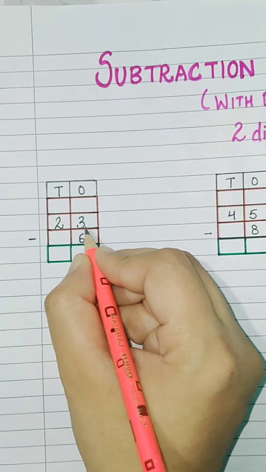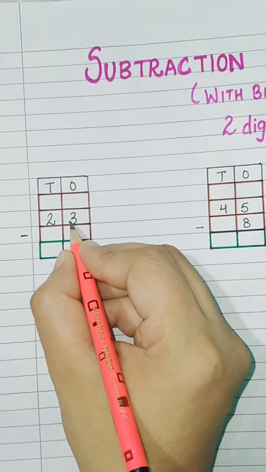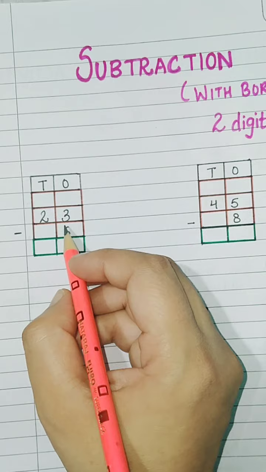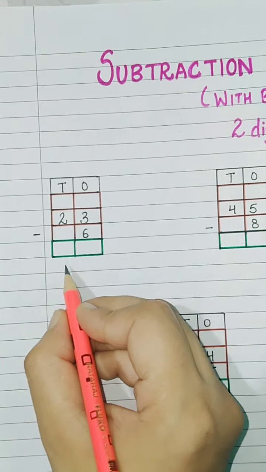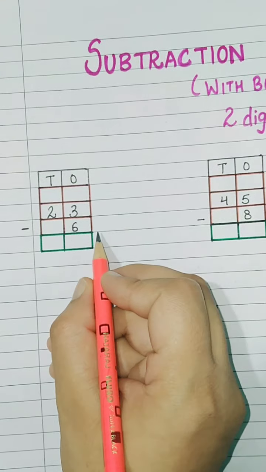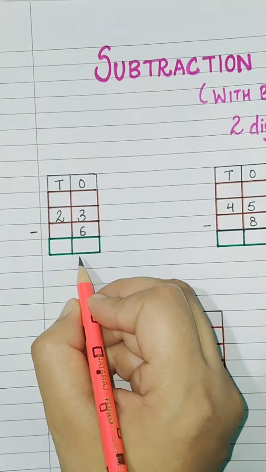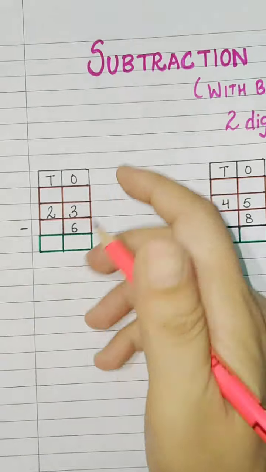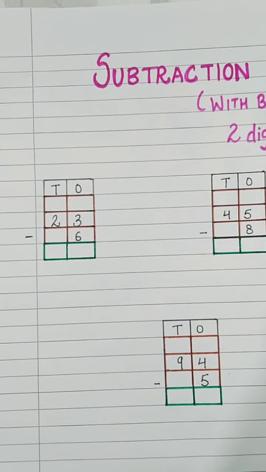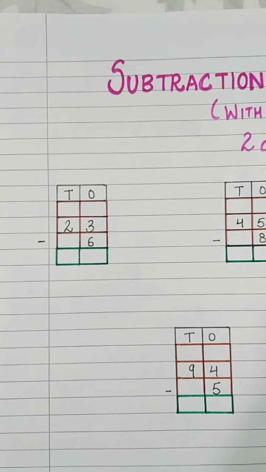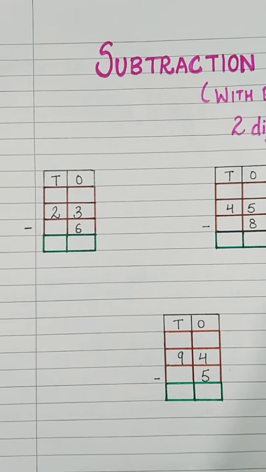On the third line of boxes, you write the number, on the fourth line you write the number which we have to subtract, and on the fifth line we write the number which will come as the difference of this sum.